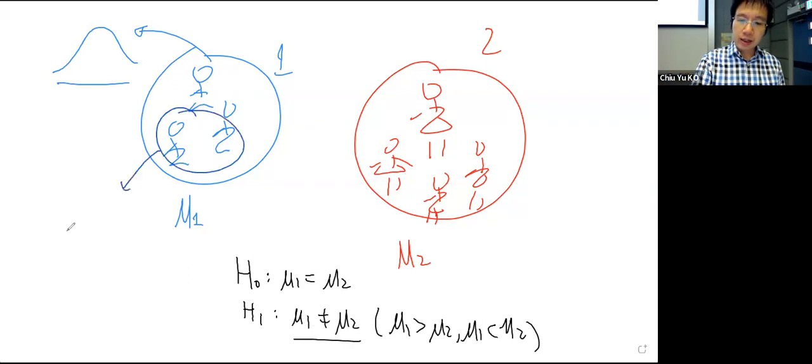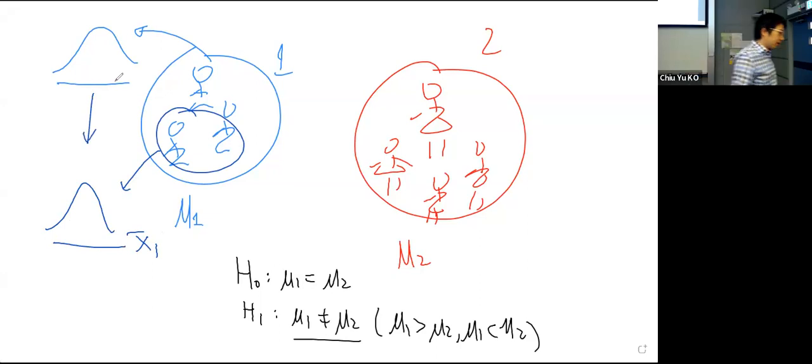X bar 1, the sample mean, is also a bell, because this is a bell. And the bell actually depends on sigma square 1 over n. Sigma square is how spread out the numbers are. And of course, it will center at mu1.